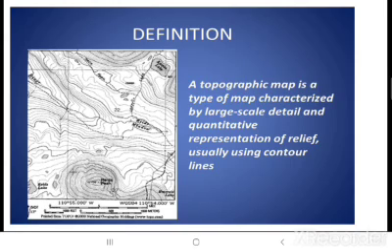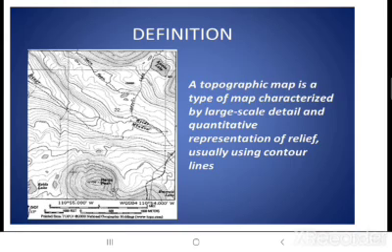A topographic map is a type of map characterized by large scale, detail and quantitative representation of relief, usually using contour lines. Understood? Very simple, nothing to memorize. Topographical maps are what? Large scale maps, giving us detailed information. And what do they represent?